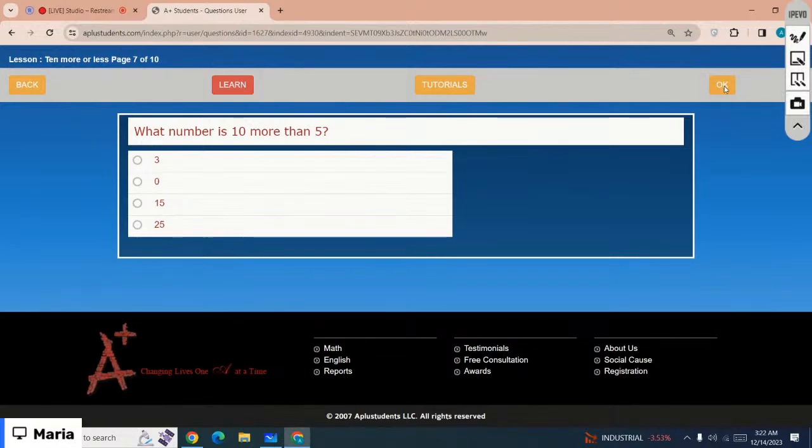What number is 10 more than 5? Which is the correct option? Add 10 more than 5 makes it 15.